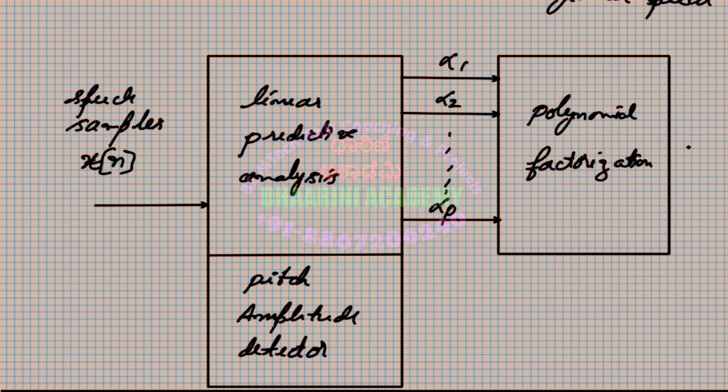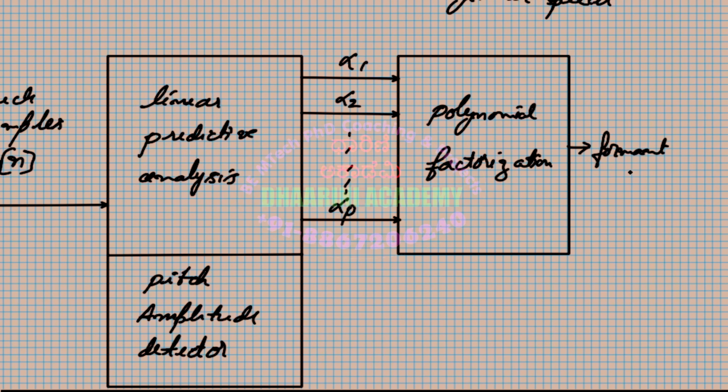So the output of this will be the formants. As of now, you don't have to worry about that; that's not a part of our concept. But this output is called the formant parameter. You can do analysis which is useful for speech processing. That's one thing. Again, I have some other outputs possible here. One is the amplitude of your speech, and the second output is the pitch of your voice.